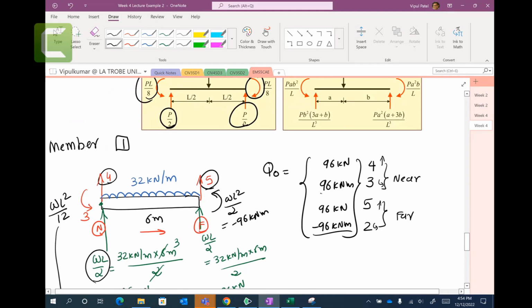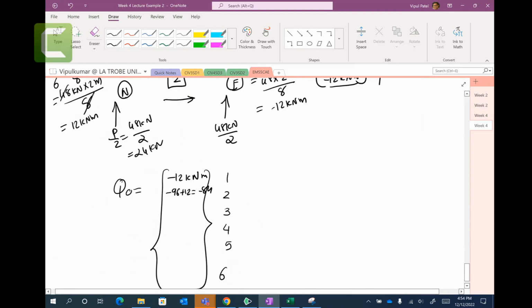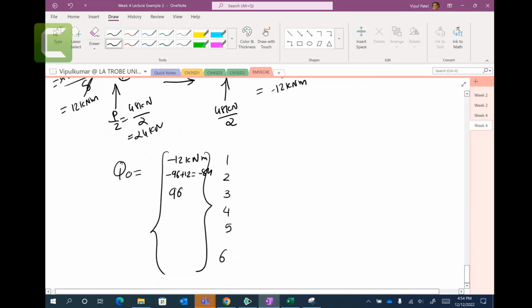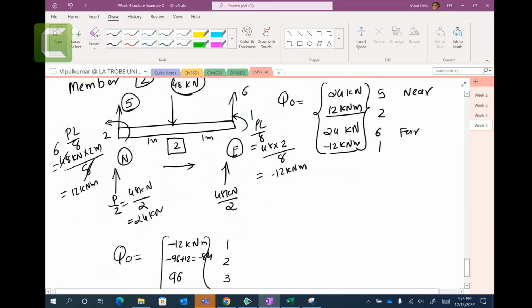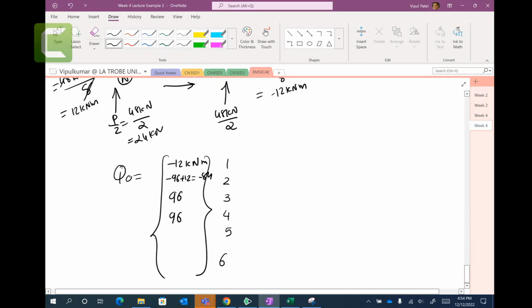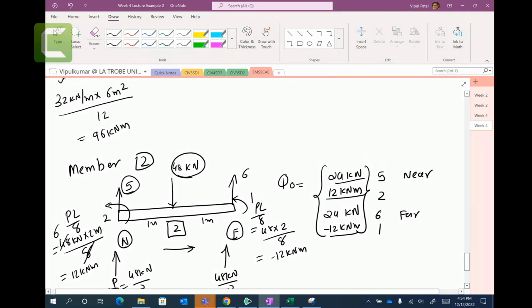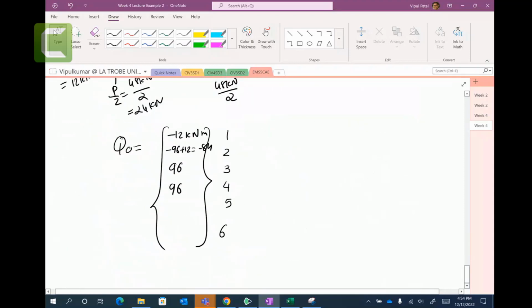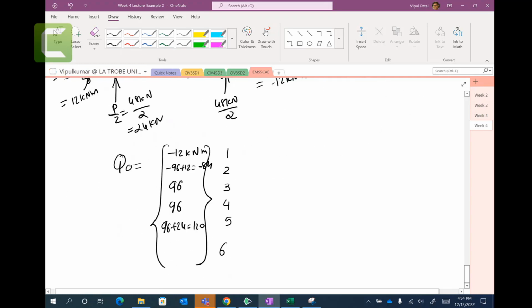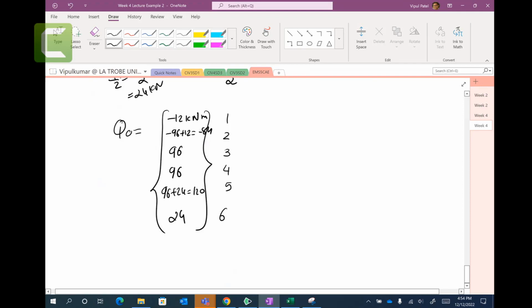Number 3, 96, and there is no number 3, so 96 here. Number 4, 96, and there is no number 4 here, so 96. Number 5, 24 and 96. 96 plus 24, you get 120. And number 6, you have 24.